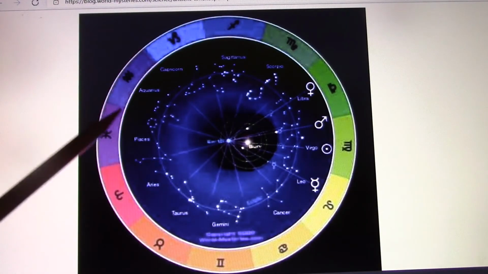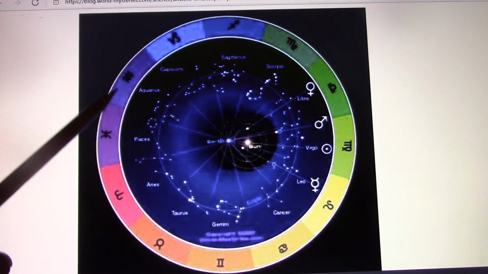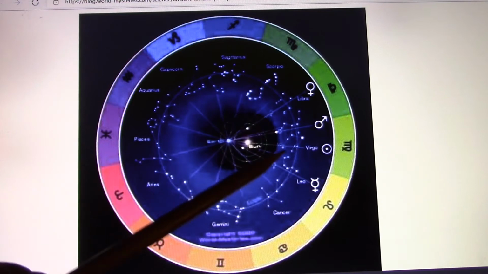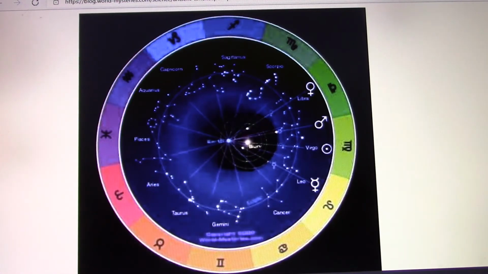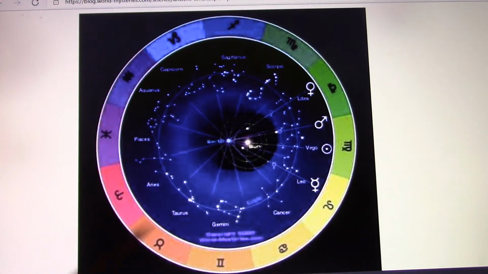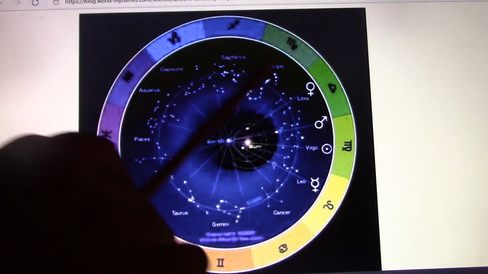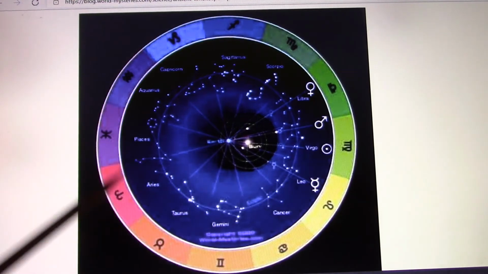This is more or less a traditional view of the zodiac. Now it has to do more with astronomy than astrology, although we might get into a little astrotheology in a minute. So as you can see here, as it's going through its precession, here are the different symbols of the zodiac signs.